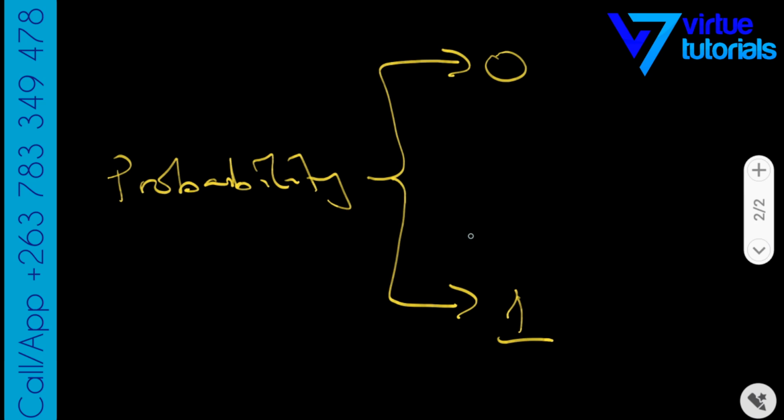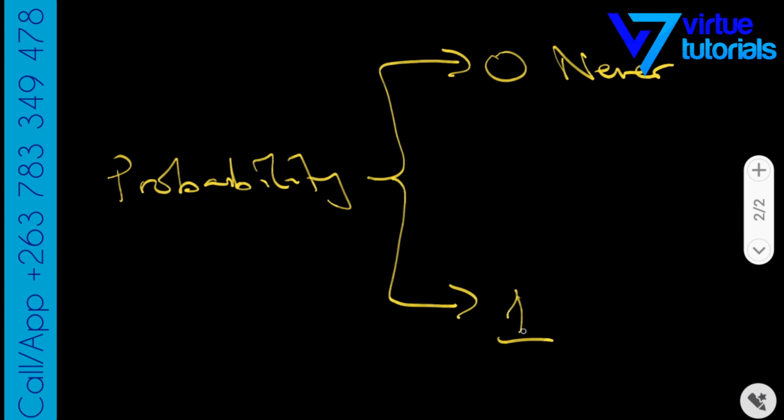When something has a probability of 0, it means it will never happen, right? So think of something that's impossible. And something impossible is something that has a probability of 0.